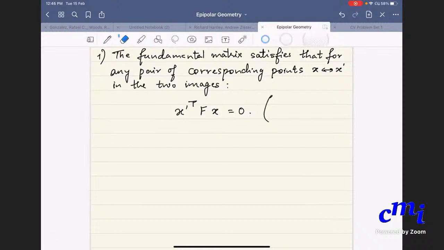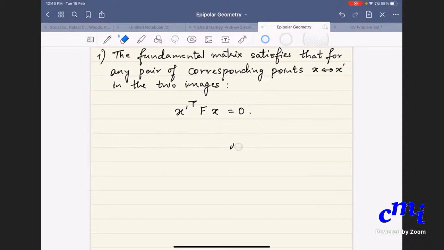Since this is a defining property, I want to say that we define F this way.